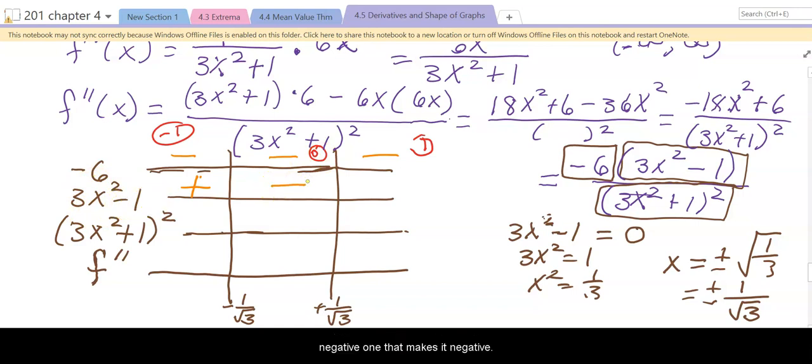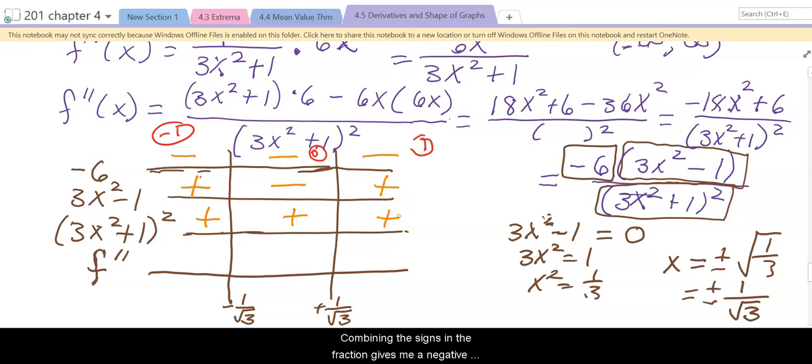That makes it negative. When I plug in 1, notice that because the x was squared, I get the same thing I got when x was -1. That means that it must be positive in that region. The third factor corresponding to the denominator is squared, so it is positive in all cases.